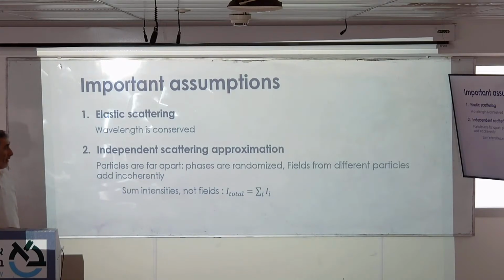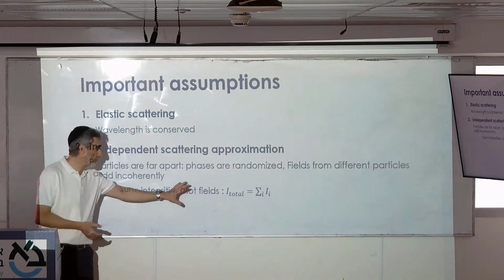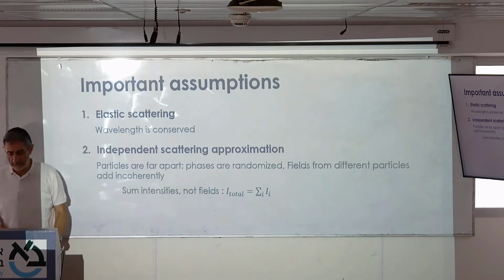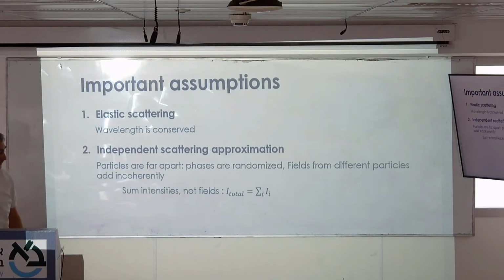Most of the time, for instance, if you consider a cloud or fog, all the particles are constantly moving. So in principle, this can be applied. There is a complete randomization of the phases, and you can add incoherently the intensities. So that's the second assumption.